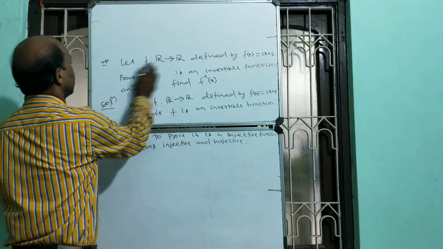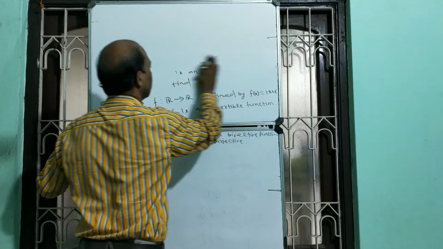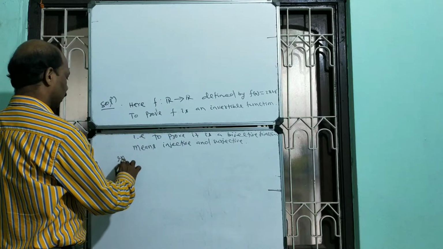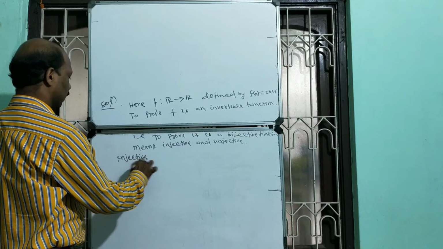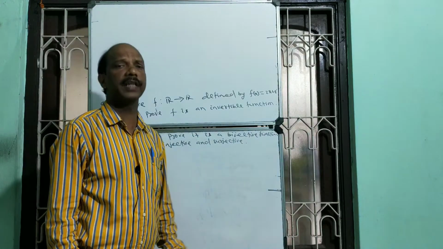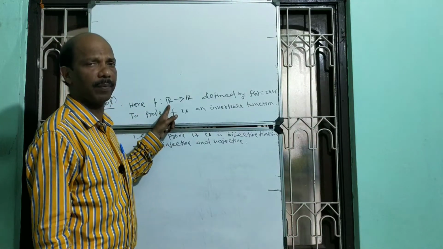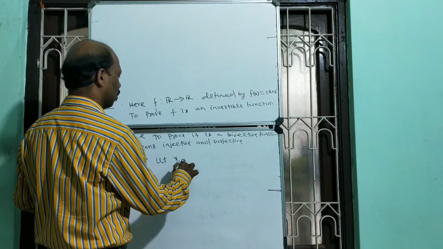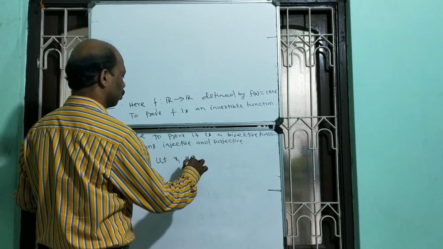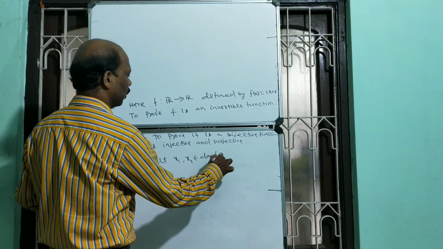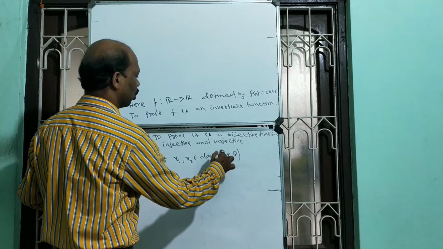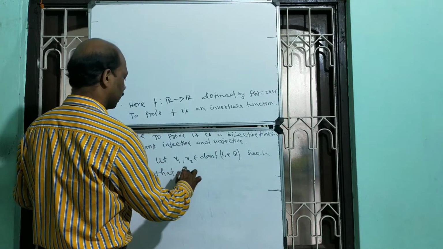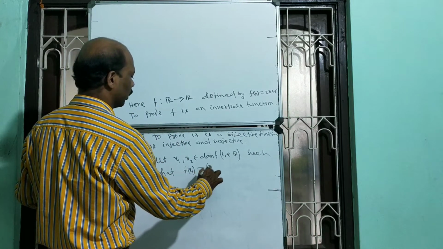First we will prove it is an injective function. To prove a function is injective, we take two elements from the domain, let x1, x2 belong to domain of f, that is R, such that f of x1 is equal to f of x2.